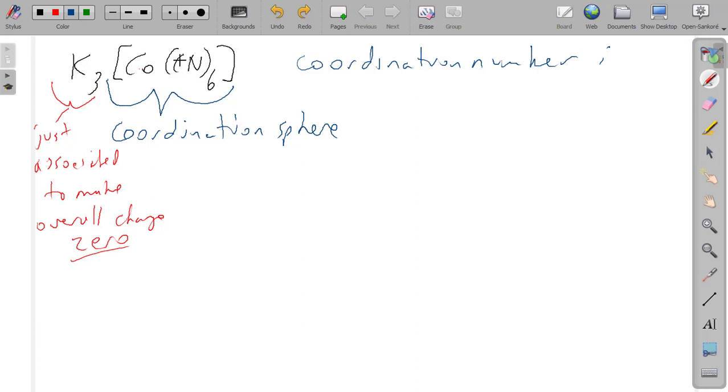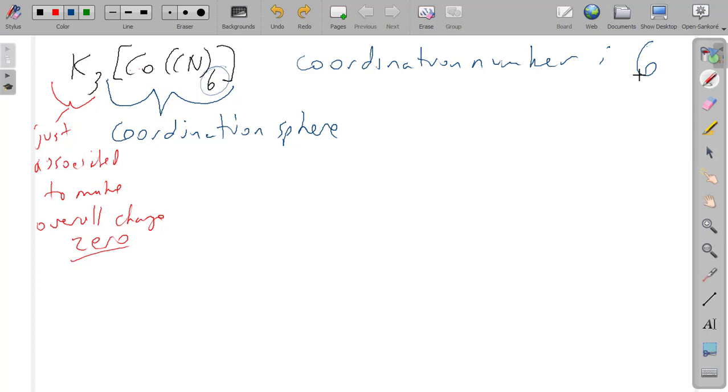You look at this, the ligand here is cyanide. But when it's bonded in the coordination sphere, its name changes to cyano. Cyano is a monodentate ligand, and there are 6 of them. Therefore, that's 6 bites into the metal, so its coordination number is 6.